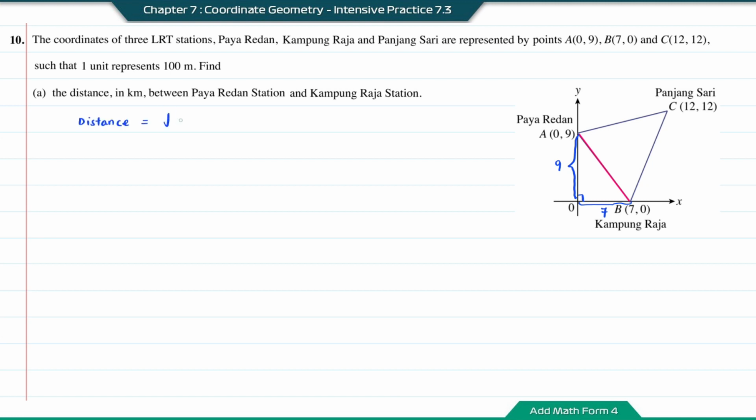So the distance will be the square root of 9 squared plus 7 squared. So this is equal to square root 130, which is equal to 11.402 units. So from the question, it is stated 1 unit represents 100 meters.